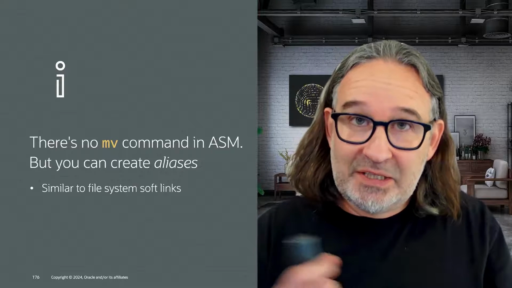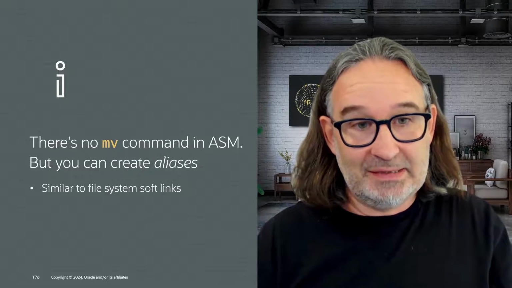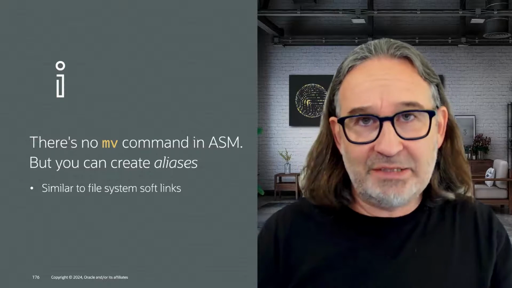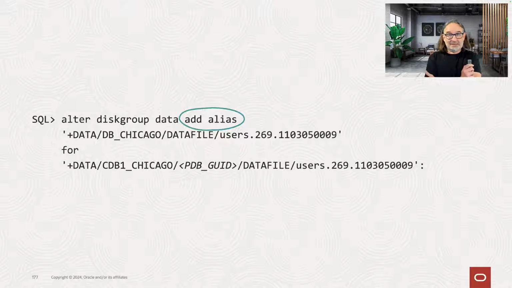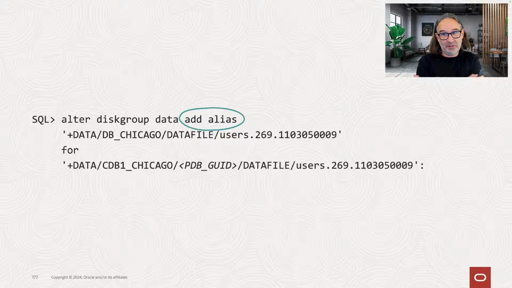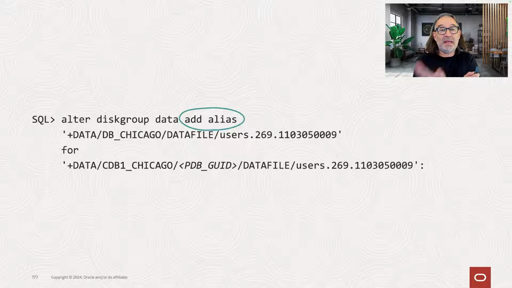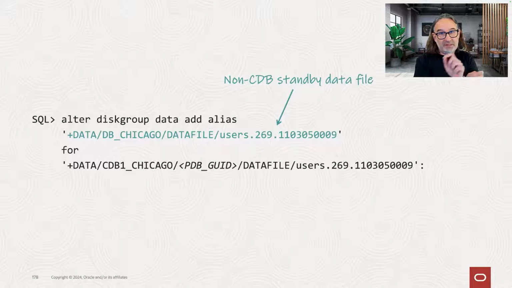We have a rescue here, and it's aliases. So it's similar to creating soft links. So we add an alias, and with this alias help, like a soft link, it can now find the file. This is the non-CDB standby data file. It's users.269, not 273, it's 269.